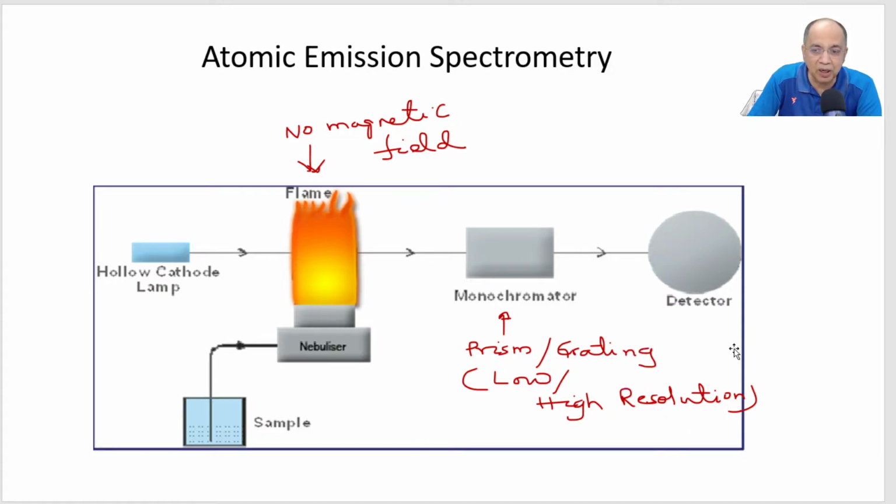You replace some other monochromator like a diffraction grating or more powerful separators or monochromators, so that it has the power to split the radiations which are varying from each other by very, very small value in terms of nanometer, not in terms of angstrom, even lower than that, right? So, but in case of Zeeman effect, you have to put a magnetic field here in this.